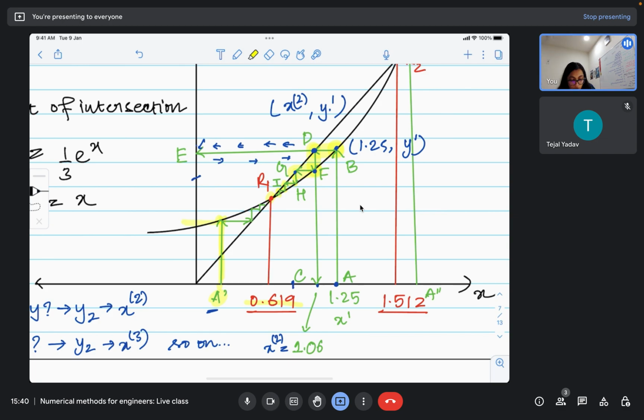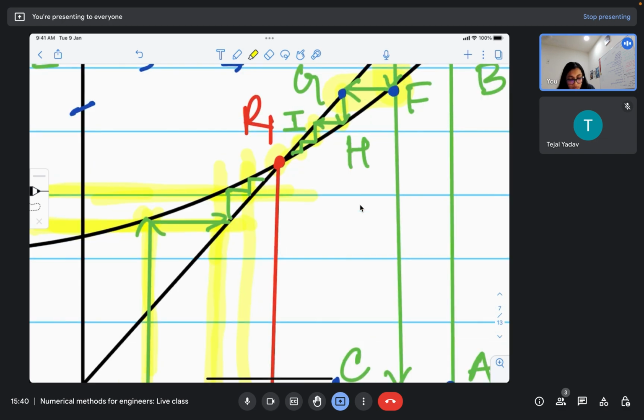For that value of y, you cut the other function and identify the value of x. For that value of x, you extend and cut the other function and identify the value of y. For that value of y, again you cut the other function and extend below to find the value of x. Again you end up converging towards the root.